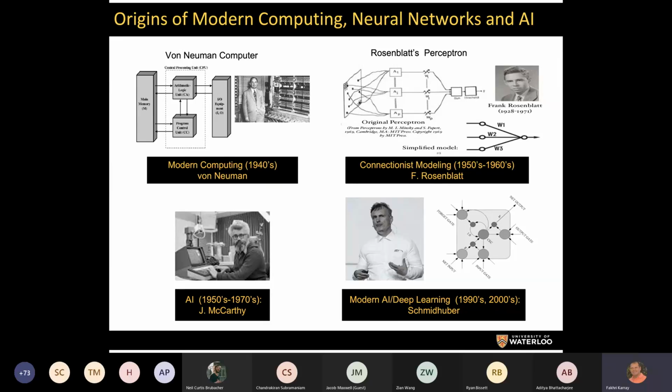Schmidhuber was one of the pioneers of this type of technologies in the field of deep learning. There is also Jeff Hinton, who developed some of the major connectionist modeling in the form of the multi-layer perceptron, but he also contributed to the progress and the studies of deep learning, especially in the late 90s and the early 2000s up to 2010, when the area of deep learning exploded.